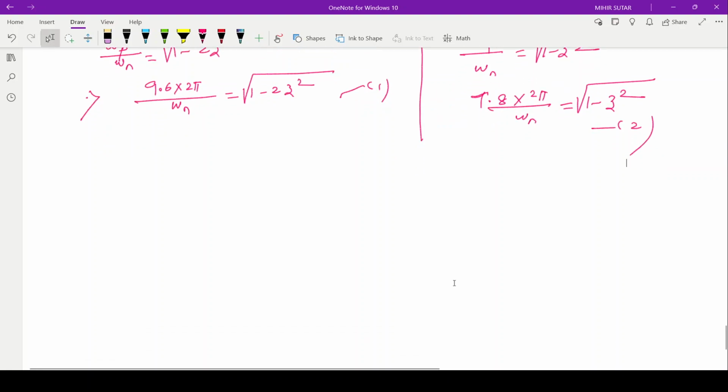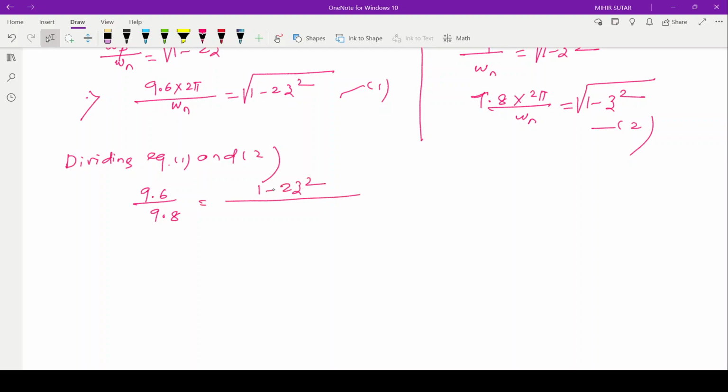So from these two equations, let's say dividing equation 1 and 2, we have 9.6 divided by 9.8 is equal to square root of 1 minus 2 zeta square divided by square root of 1 minus zeta square.